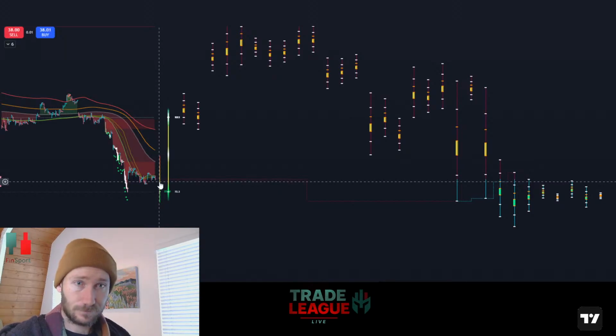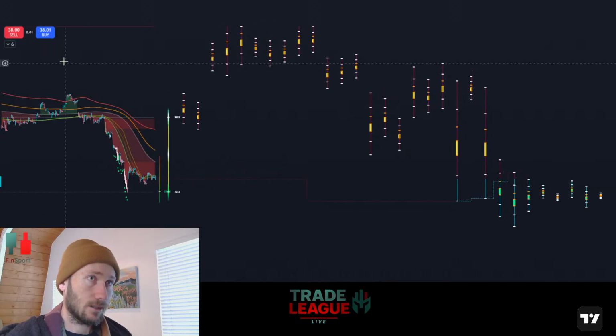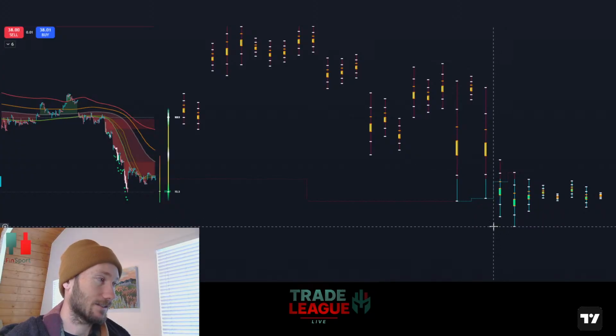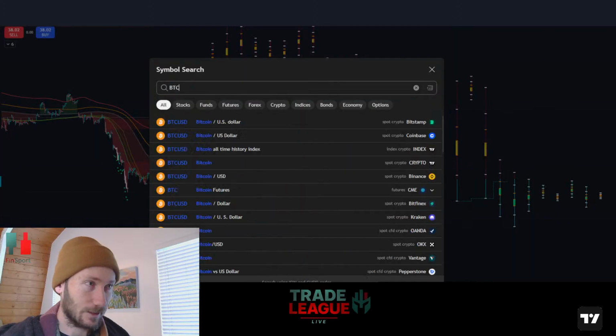So it's pretty helpful. But that's iBit on the 2 hour. It looks like down here 28. That would be rough. I don't know in terms of Bitcoin where that's at. Let me look at Bitcoin.